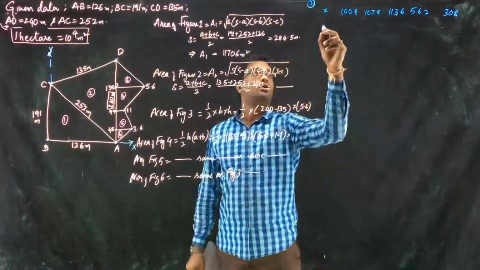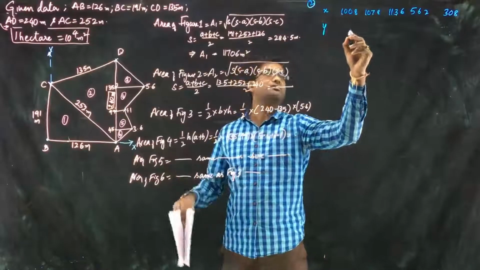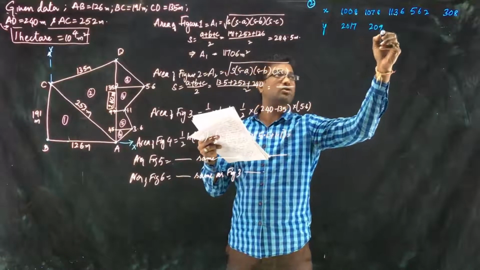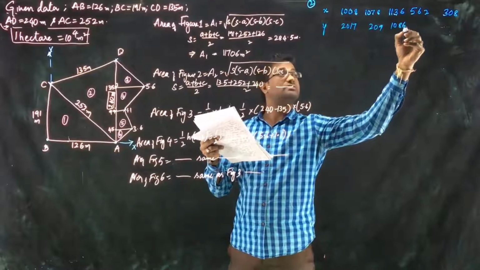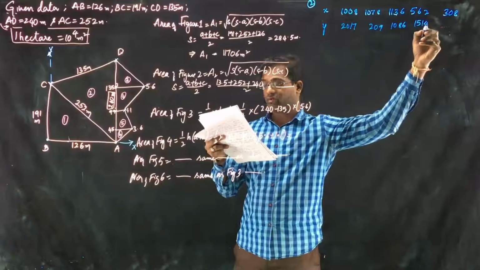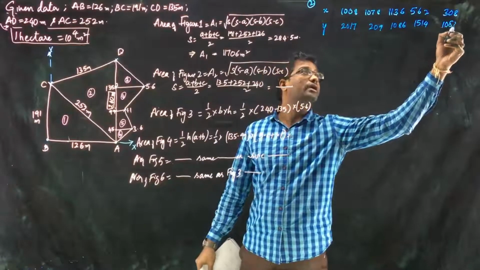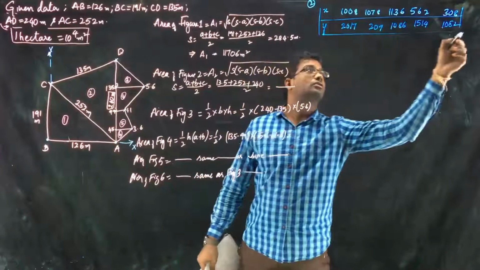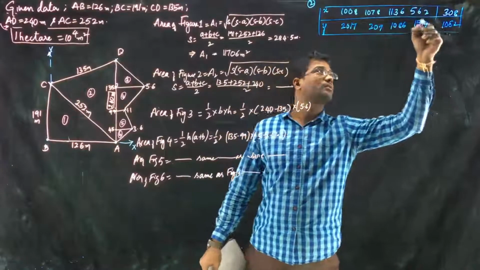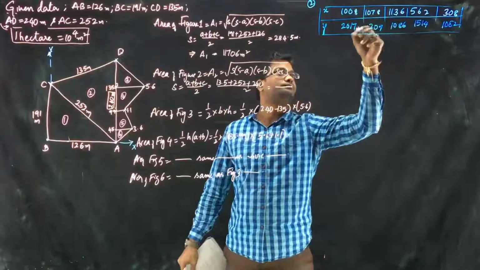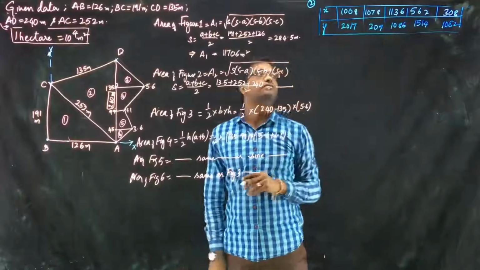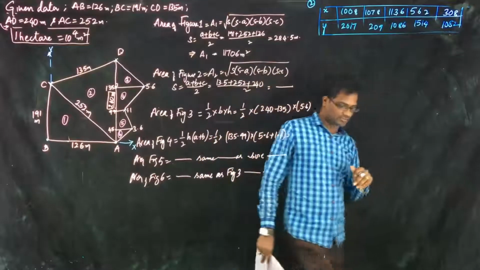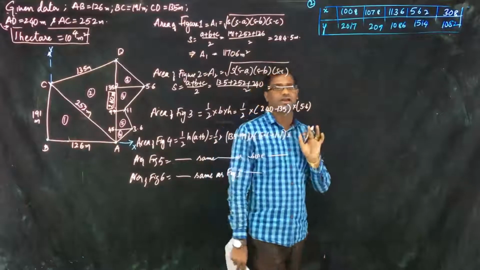And you have y coordinates, all of them in meters: 209, 1086, 1514 and 1082. So finally we have got the coordinates, and we are supposed to calculate the area.